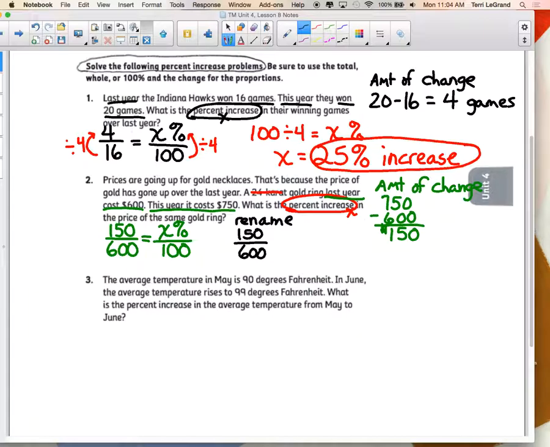What goes into both of those? And give me a nice big number. Sylvia? 50. Good job. 50 goes into both of them.